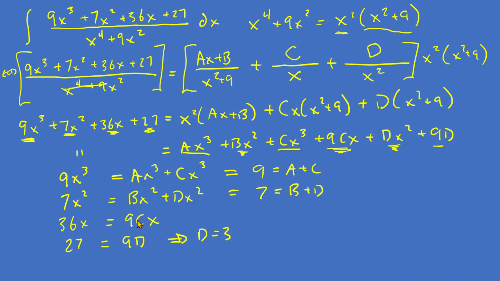And then 36 is equal to 9c. Well, now we can solve a little bit more. We already know that d is equal to 3. Now we can see that c is going to be equal to 4. It's just solving 36 equals 9c.